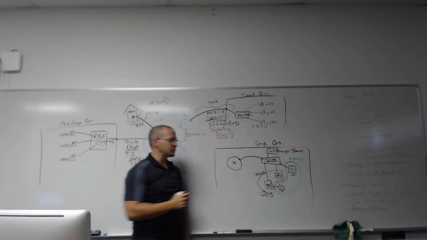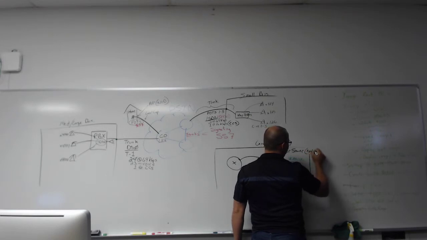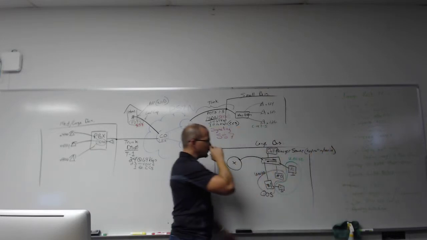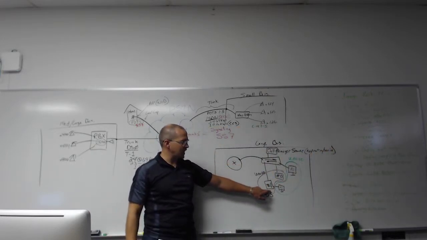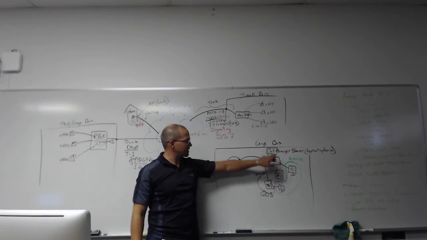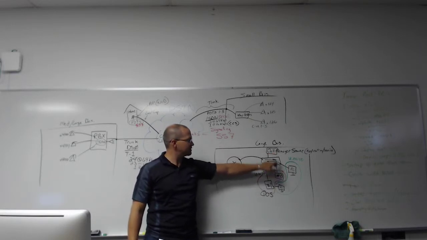This call manager server essentially is going to run an application or service to allow these phones to have extensions and to dial each other. So what they do is they essentially log in to the server by saying, hey, I'm this device and I want to talk to you.